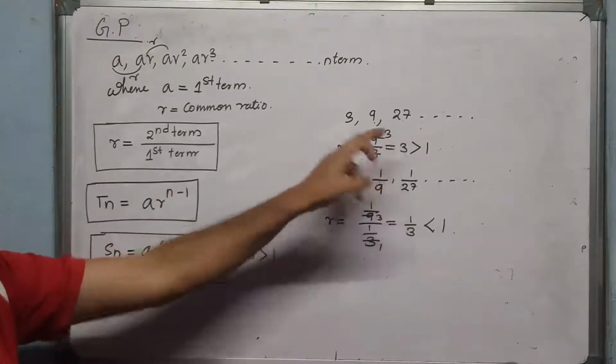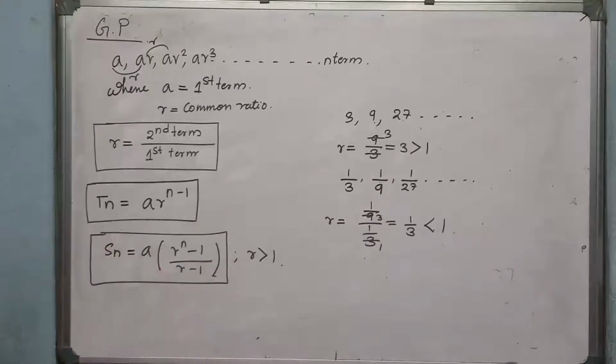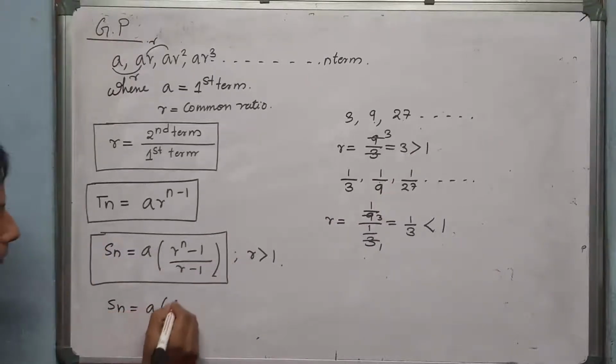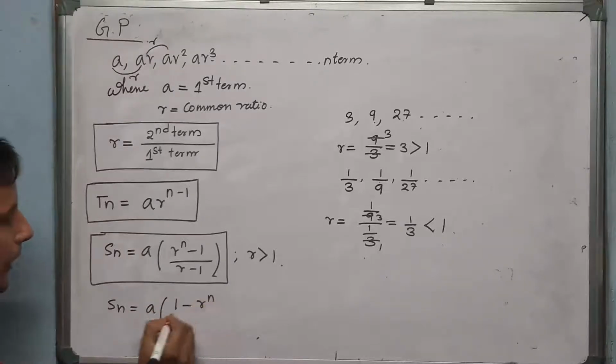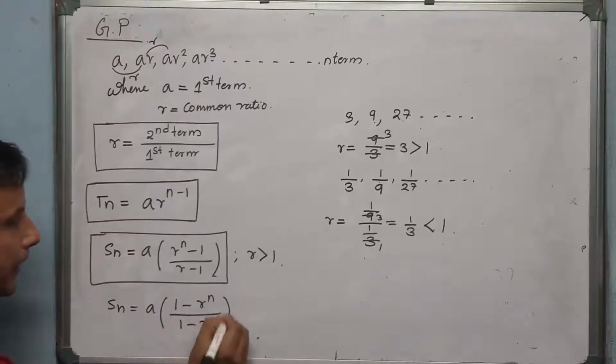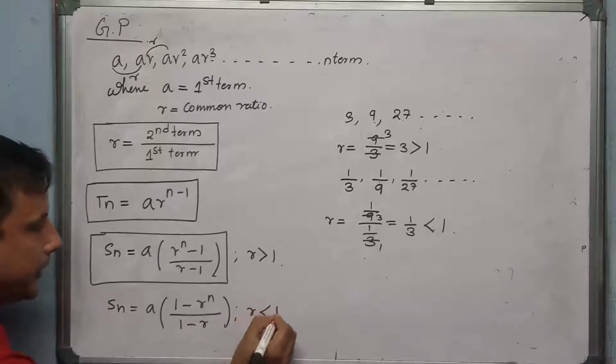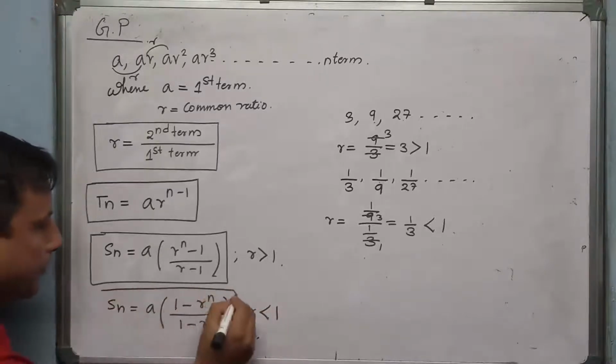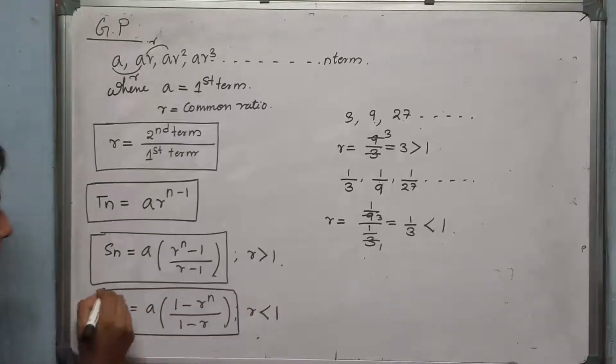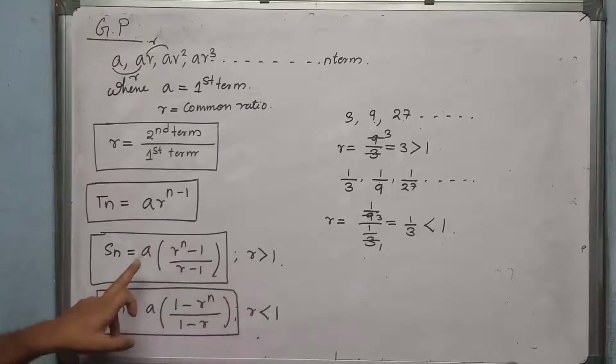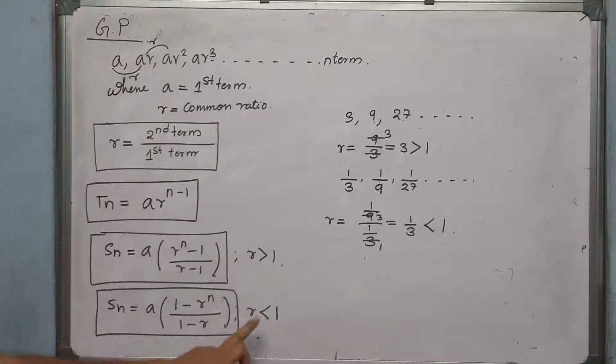If the common ratio is greater than 1, use this formula for the calculation of the sum. And Sn is equal to A times 1 minus R to the power n, over 1 minus R, if the common ratio is less than 1. You just keep these two formulas in mind. If the common ratio is greater than 1, use the first formula. If the common ratio is less than 1, use the second formula.